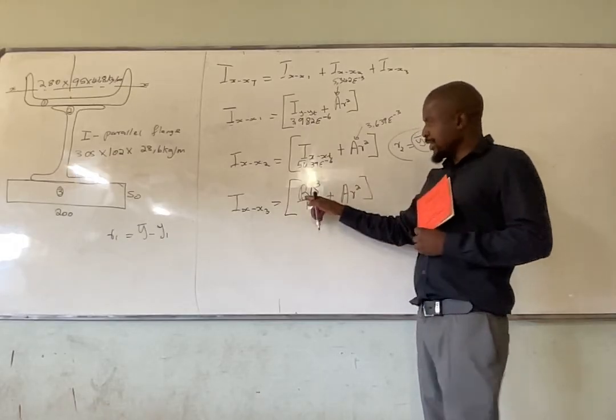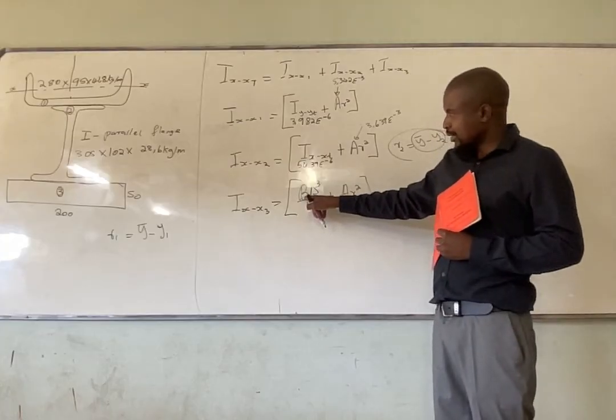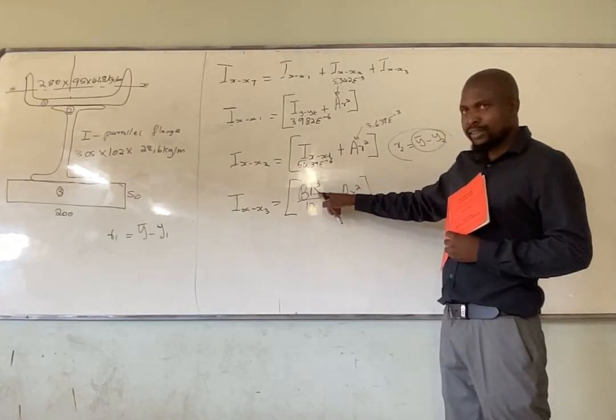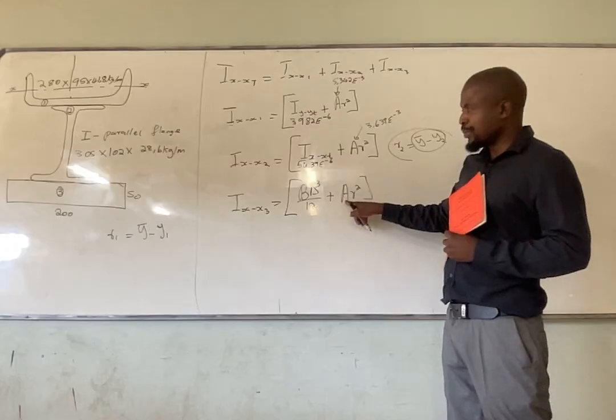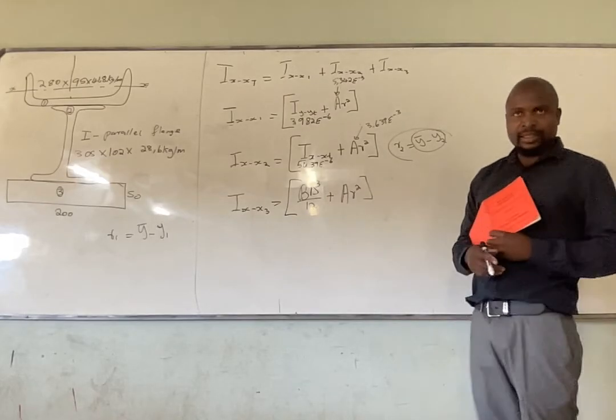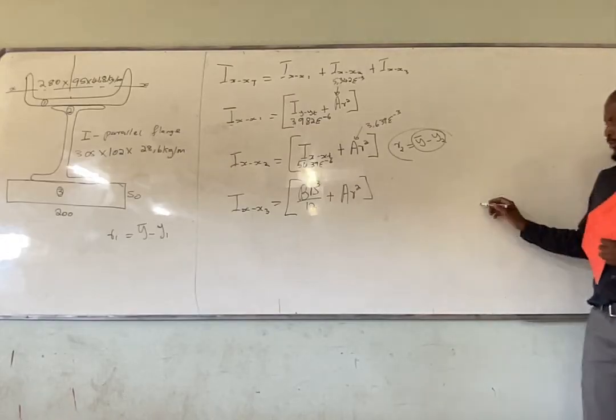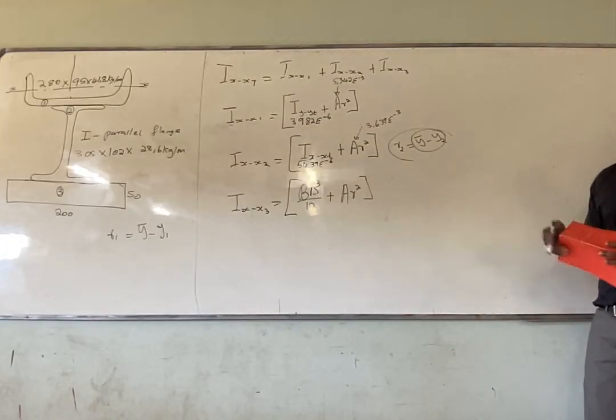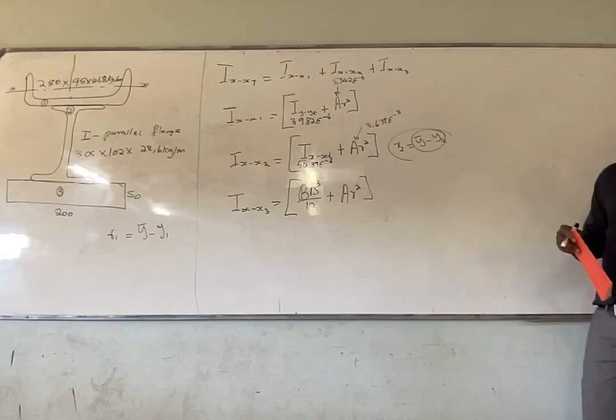And what is the value of b? 200, d 50. And this one will be 50 times 200. But remember, you need to work in meters, ne? Yes. If given in millimeters, you need to work in meters.